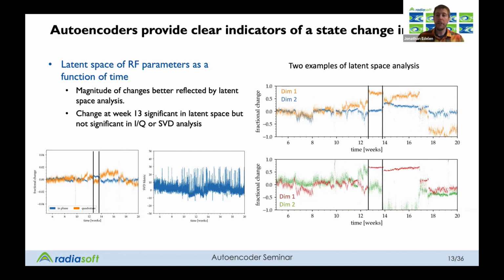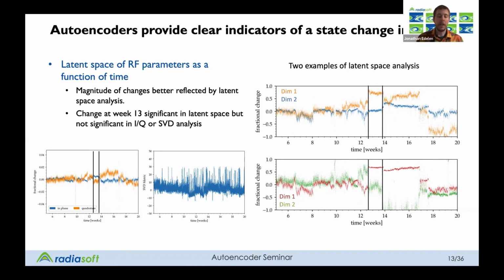And then the other thing is that at the end of the study period, there's a significant offset in the latent space compared to the beginning, especially in the top one. The orange dimension has settled out to a much different value than it started at. And if you look at the Q component of the IQ decomposition, it's changed by maybe 1% or so. Whereas here the fractional change was 1, so it's a 100% change.